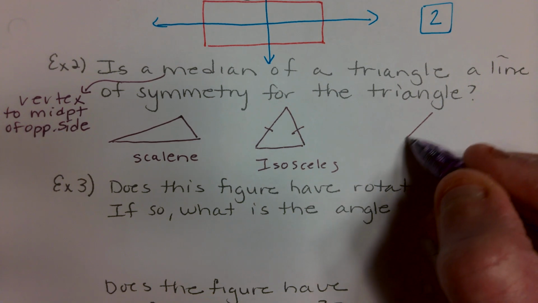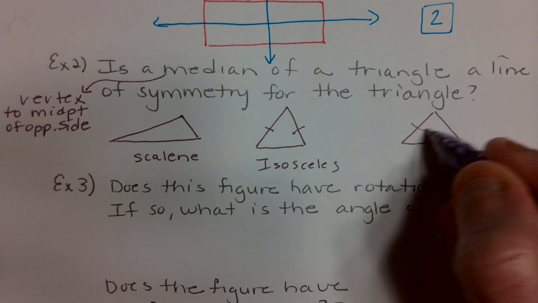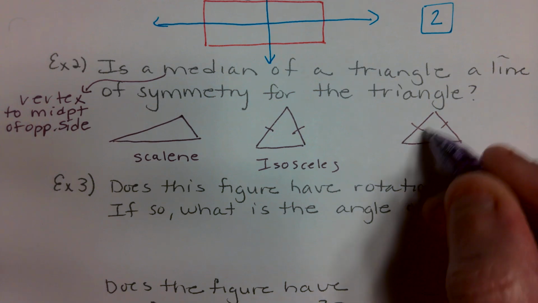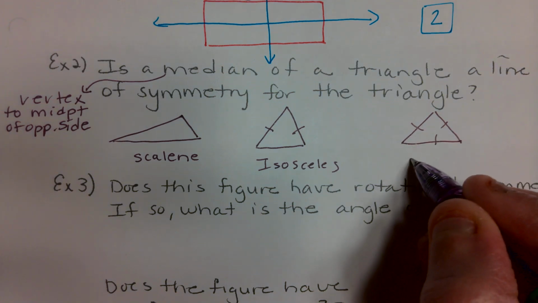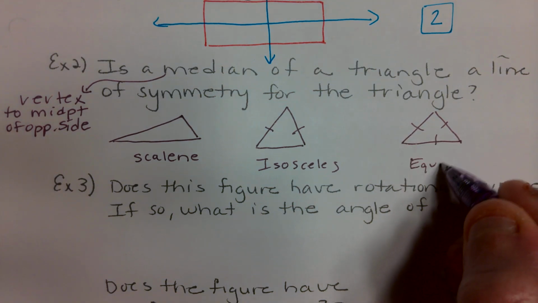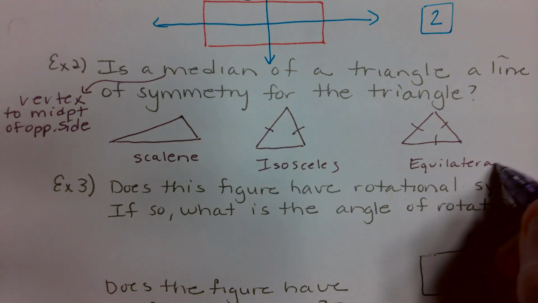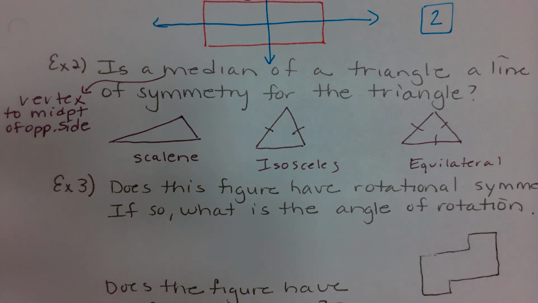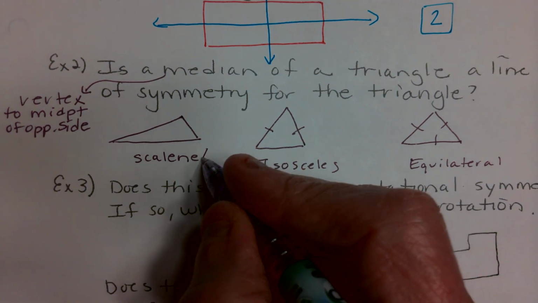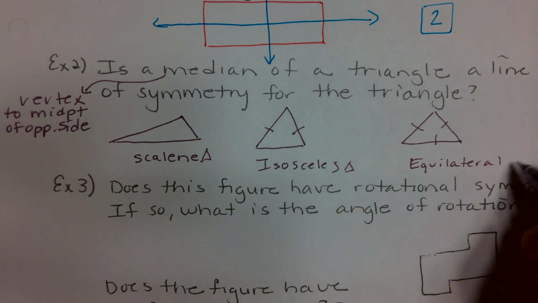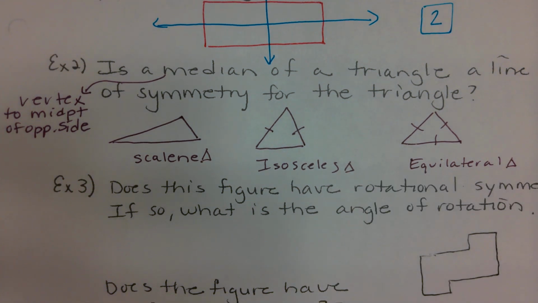And then of course we have the one where all 3 sides are the same, which is not drawn to scale, sorry, and that is equilateral. Okay, so we have a scalene triangle, an isosceles triangle, and an equilateral triangle.